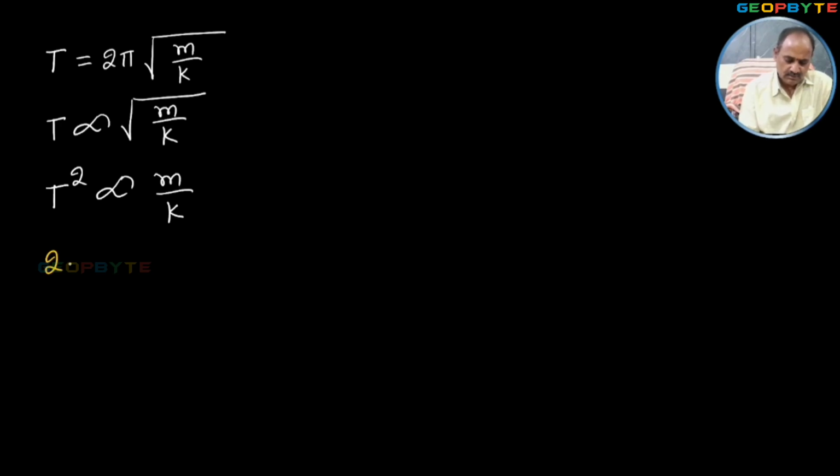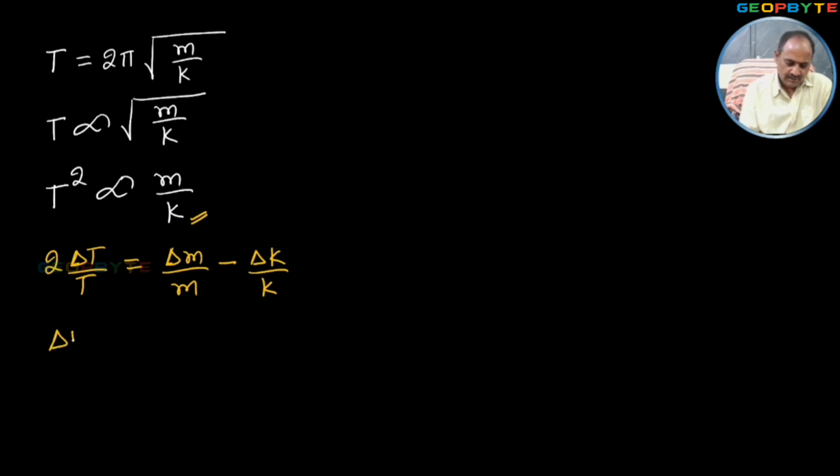It is 2 into delta T by T is equal to delta M by M minus delta K by K, because the K is in the denominator.